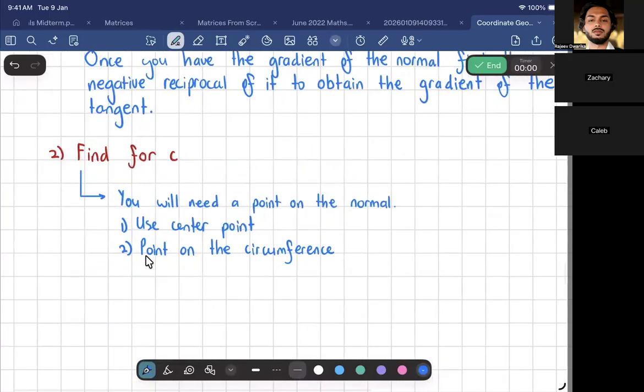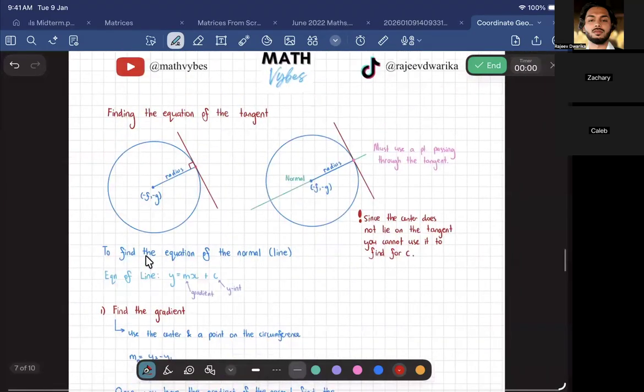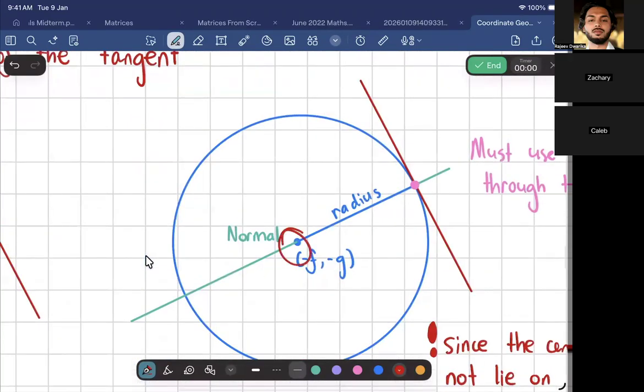And question, when we find for c, am I allowed to use the center point? Yes or no? For the tangent, am I allowed to use the center point to find for c? No, you can't use the center. Does the center lie on the normal? Yes, the center lies on the normal, but does it lie on the tangent?